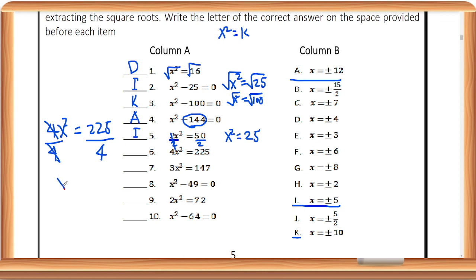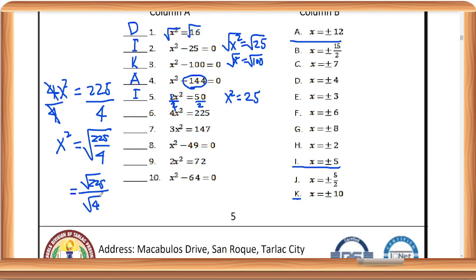So, x squared therefore is equal to 225 divided by 4. Okay, so para mo na rin sinabing the square root of 225 over the square root of 4. What is the square root of 225? This is 15. Okay, and 4, syempre 2. So, this is 15 over 2. So, obviously, ang sagot dito is B. So, that is the B.